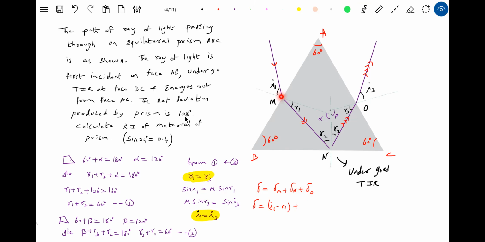The incident ray wanted to go straight if there were no prism, but due to refraction at M it took a path like this. So what is the deviation? I1 minus R1. If a ray moves from rarer to denser, the deviation will be angle of incidence minus angle of refraction. Then it wanted to traverse a path like this, but it got reflected. So this is the deviation, 180 minus 2R2.